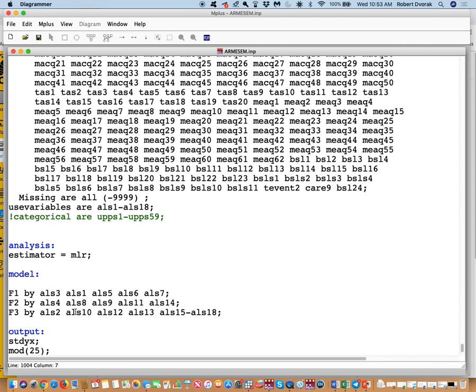Quick question. What's the difference between the by and the with? Yeah, so the with allows a correlated error, right? So when you have a latent variable with these and another latent variable with these, and this is correlated, these are all driving this.